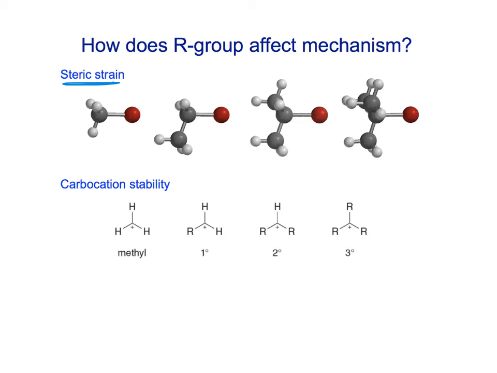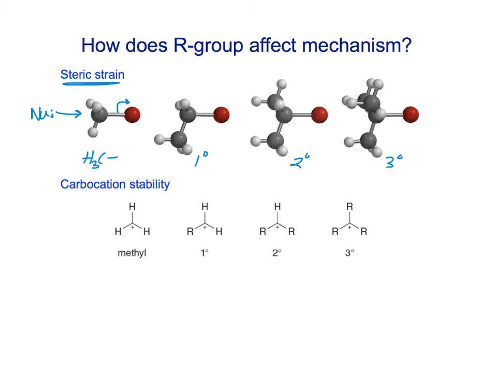So if we compare these alkyl groups, here we have the methyl, here we have primary, this is secondary, and this is tertiary. We know now that for an SN2 substitution, the nucleophile is going to approach from the side opposite the leaving group.